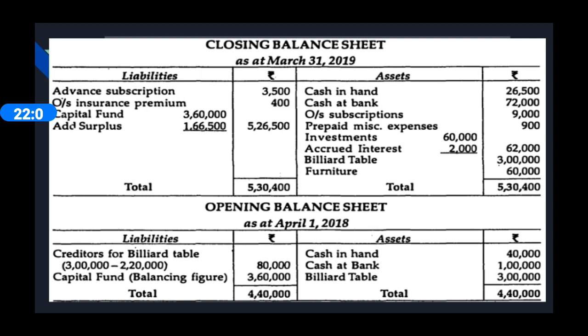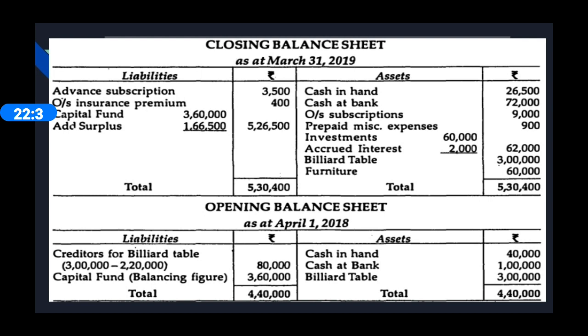There is a difference. That means creditor, that was shown. Creditor for billiard table is 80,000. So deduct the 80,000 from the 4,40,000. The remaining balance, that is a balancing figure, is called capital fund in the beginning.